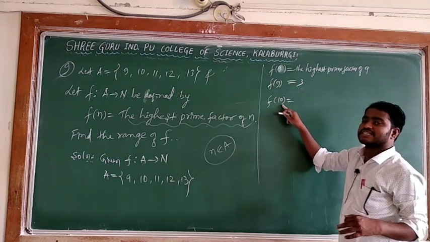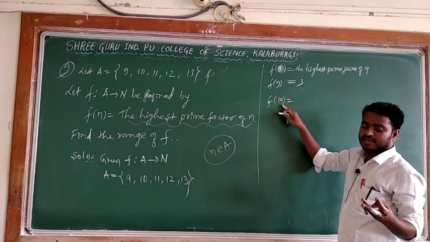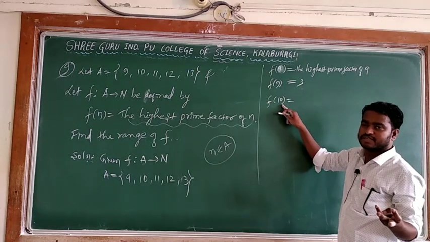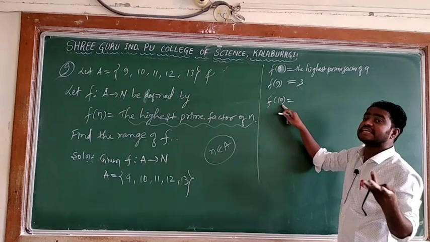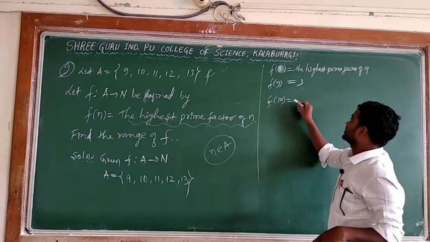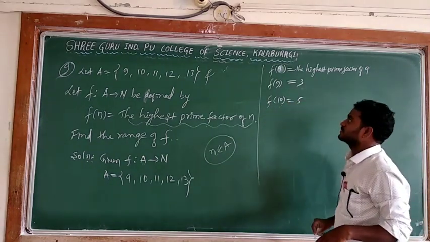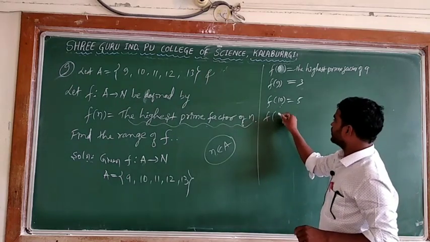But which is the highest prime factor? 2 is a prime factor, and 5 is a prime factor. Comparing 2 and 5, 5 is the highest prime factor. So f of 10 is 5.